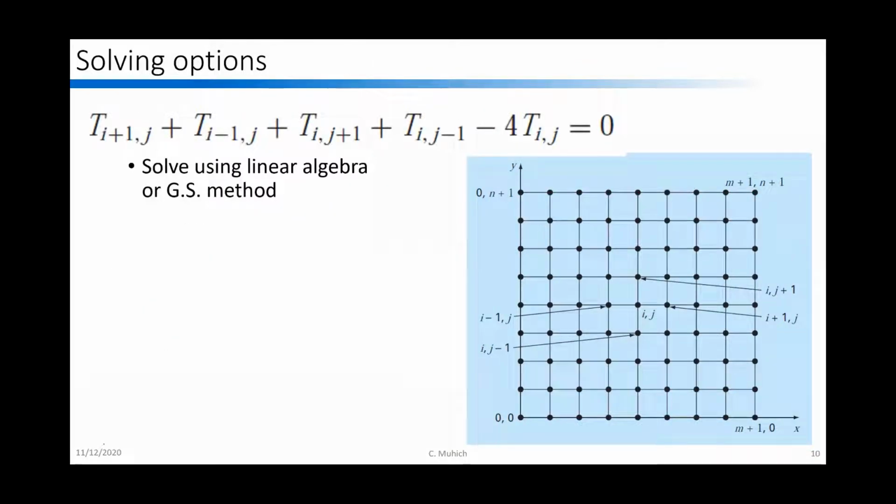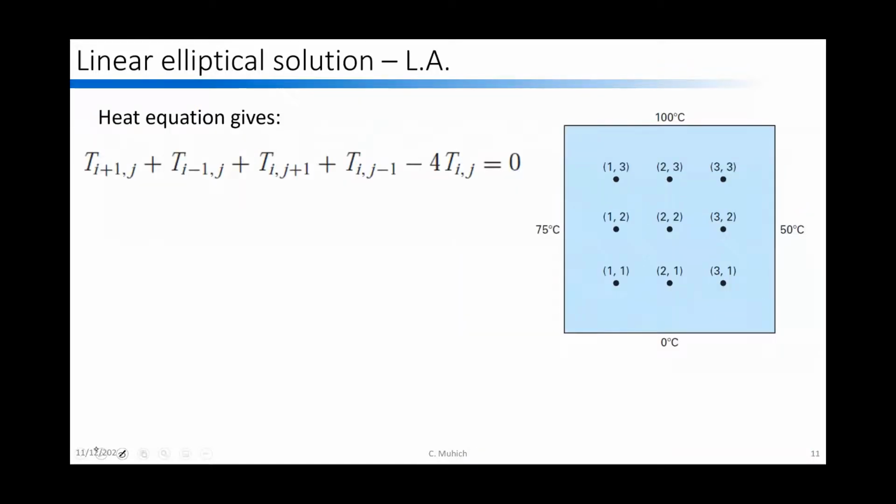And so we can then solve this out using linear algebra or the Gauss-Seidel method. So we're going to tackle these each in turn. Let's look at the linear algebraic solution first. So first we need our heat equation. I've written this out here.